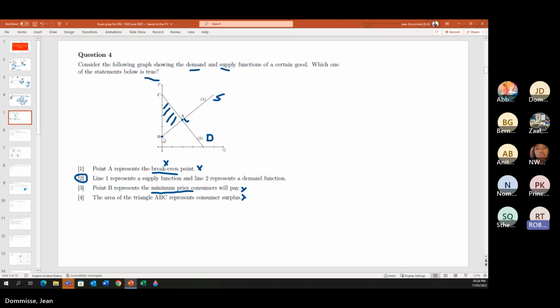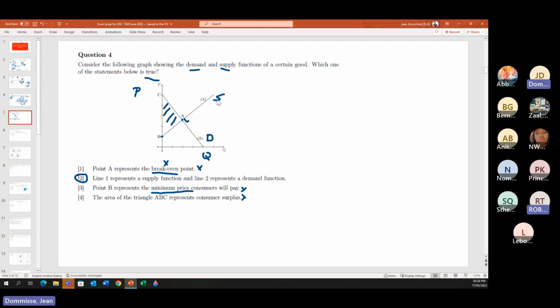Because on the demand function, it would show us what's the minimum consumers would pay. Because at what price is what demanded, right? I think B is the minimum supply. That's the minimum price that zero would be supplied at.